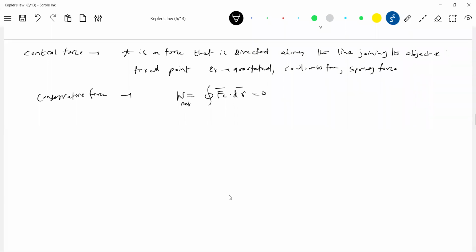Kepler's first and third law, for the first, second law there.